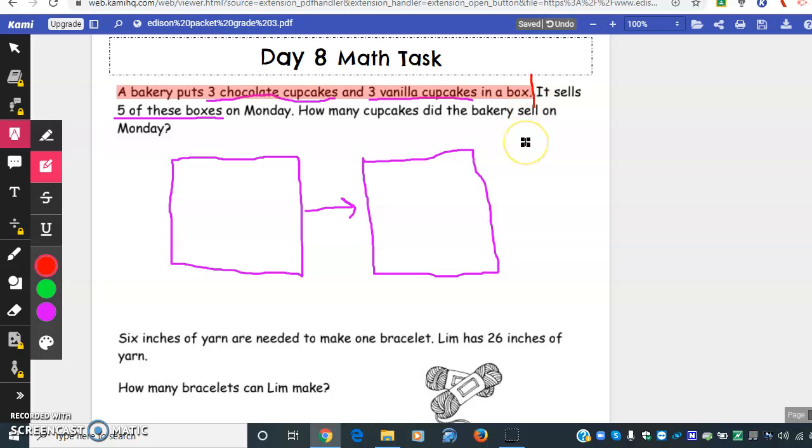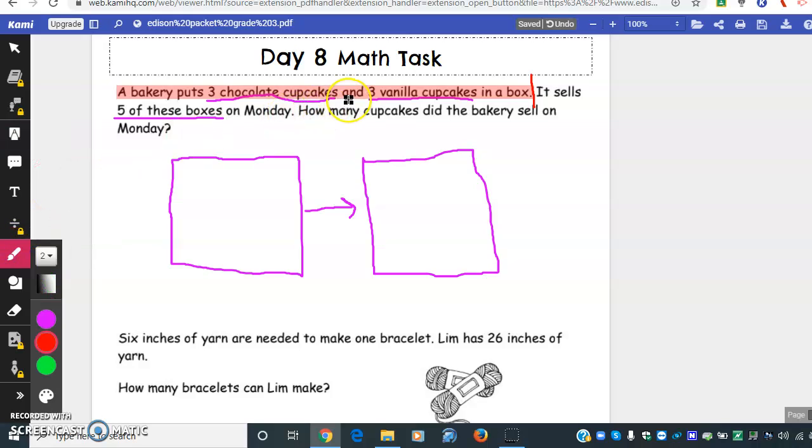If we look at that section of the word problem by itself, I have the word and, 3 chocolate and 3 vanilla, so it's like a some more problem. They put some, then they put some more. So this is a some more problem going on right here.